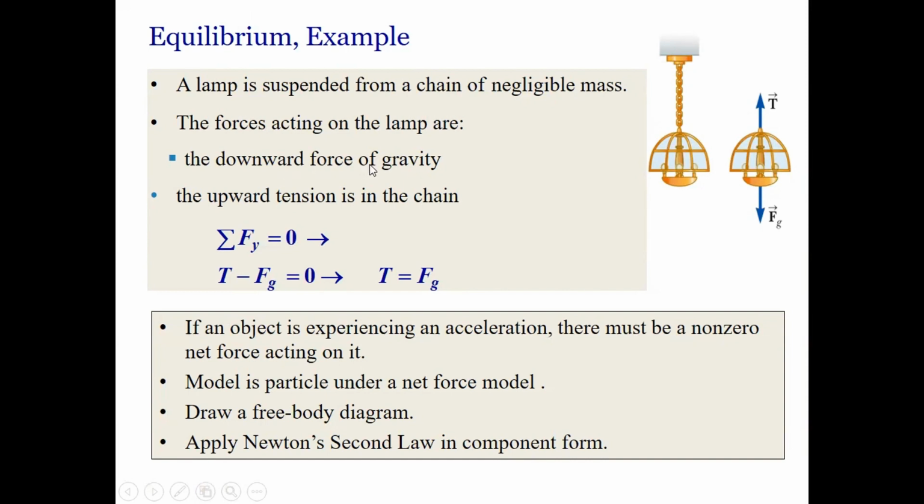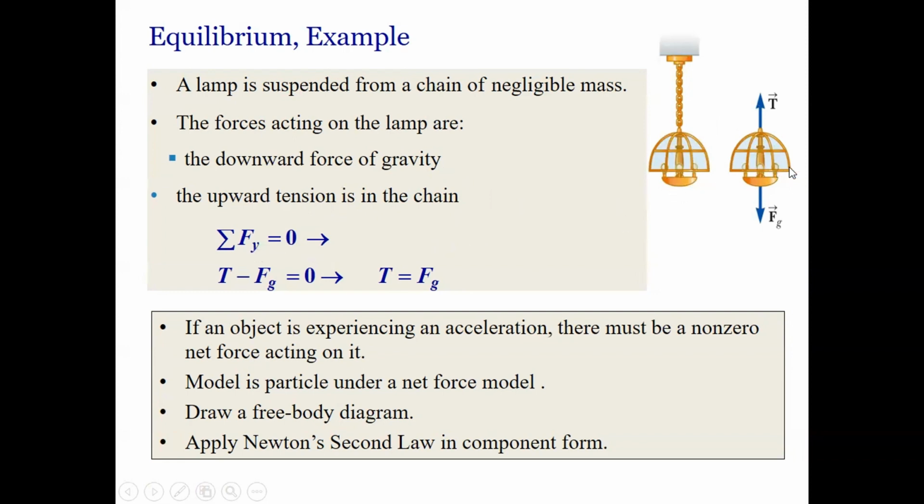The downward force is the force of gravity, and the upward force is the force of tension in the chain. We can see the tension force and the force due to gravity as shown here on this lamp. And the upward tension is, of course, away from this object.